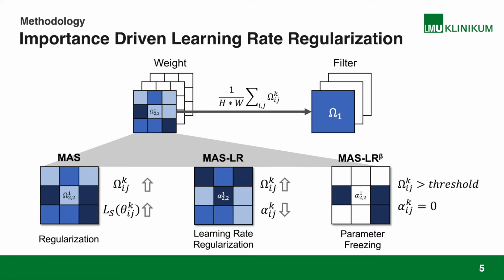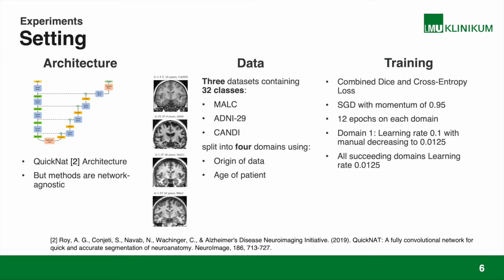Hence, it would be meaningful to assign importance weights on the level of kernels or filters, instead of single parameters. The filter and kernel importance can be easily integrated into the proposed regularization of the learning rate by averaging all weights within a kernel or filter respectively. In our experiments, we use the QuickNet architecture, which is a state-of-the-art network for brain segmentation.